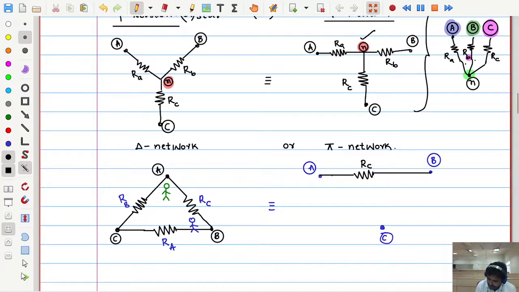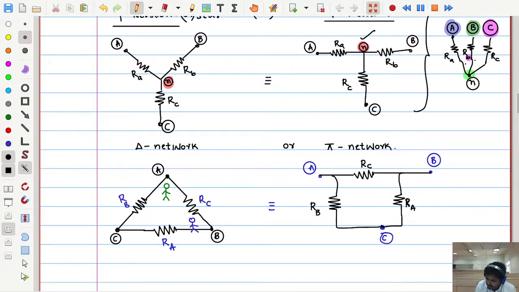Now from A I will have one resistor and connect it to C. That is, A to C is RB. I will take one more from B and connect it with C. This is RA.